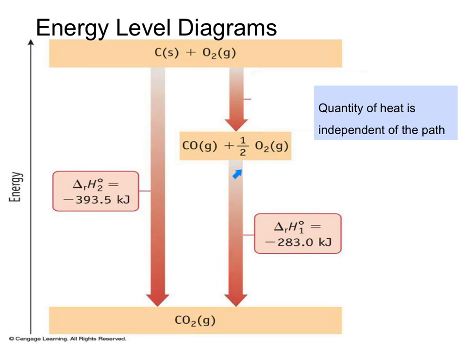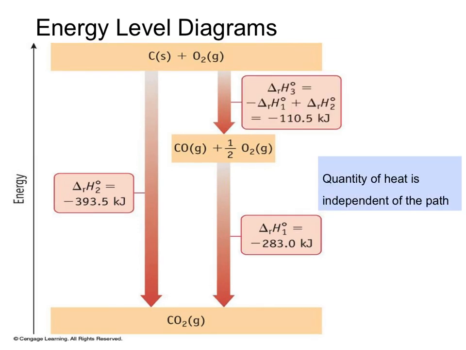We have to input another 283 in order to get back up here, which leaves us with an energy release of 110.5 kilojoules. So again, that was 393.5 released to get to here, but then an input of 283 to get back up to our products of interest, for a total energy release of negative 110.5.